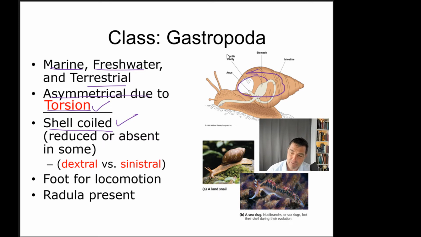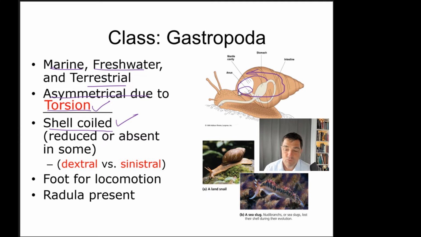And what that ends up resulting in is if you had the mouth here, you would expect the anus to come out the other end. Well, because of the torsion, the anus actually drops right over, kind of close to the top of the head. And there's all kinds of interesting theories on why the evolution of that might happen.